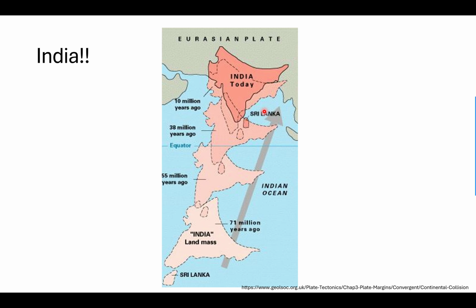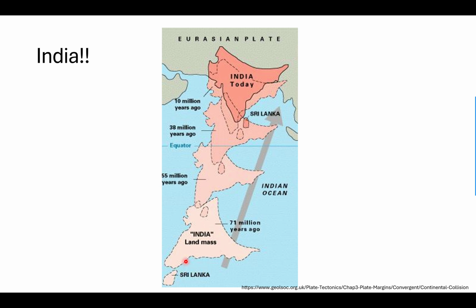So we all know how the Indian subcontinent is formed. The Indian landmass, which used to be a separate landmass before it became part of the Eurasian plate, was moving along and collided with the Eurasian plate, right?